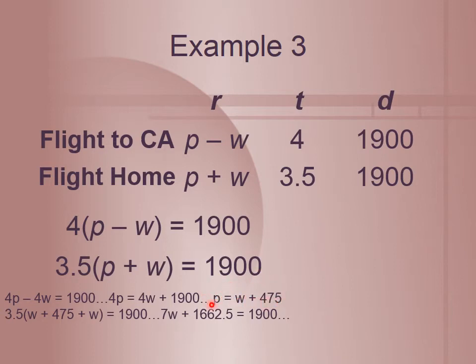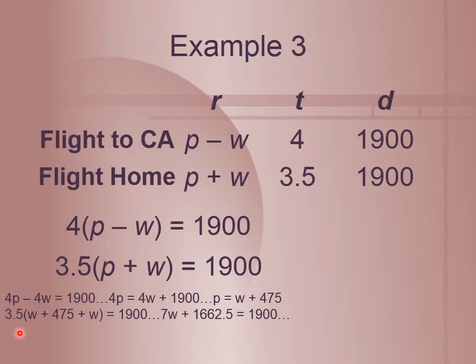And now that I have P solved for, I'm going to plug P back into my second equation, but instead of writing P, I get to write W plus 475. So I'm going to write 3.5 times, but instead of writing P, I'm going to put (W plus 475), and then the plus W equals 1900.